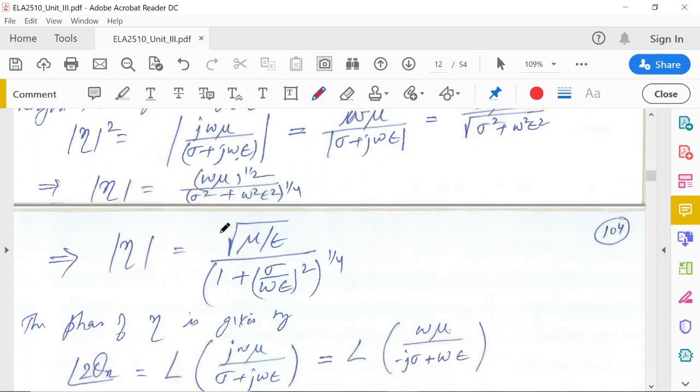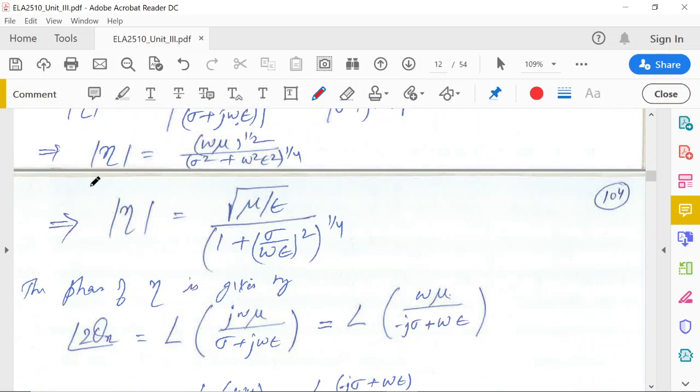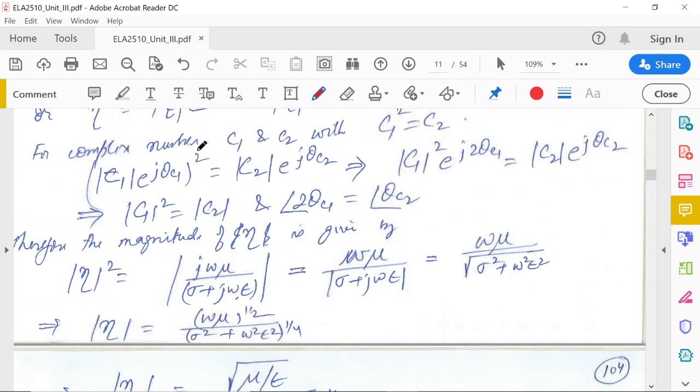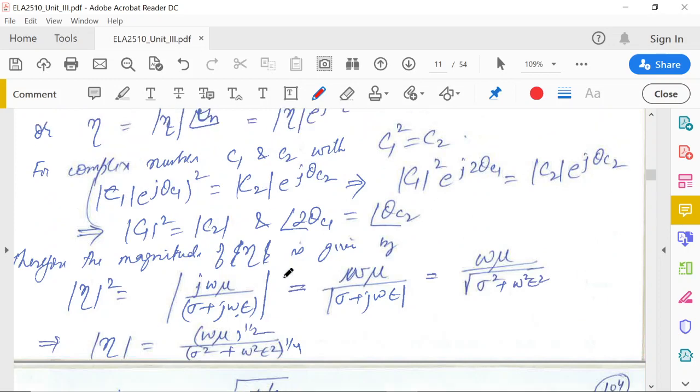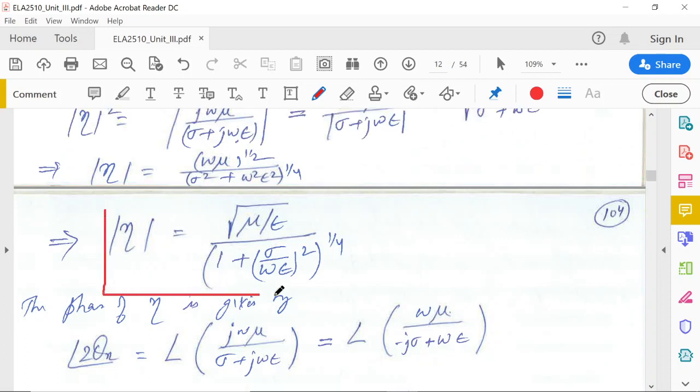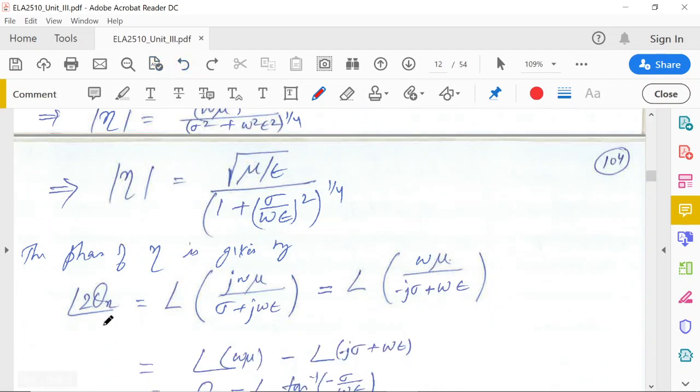So what you are getting is the magnitude here. You can solve it, go through the steps, here or another way, but you just have to find the magnitude. So the magnitude of eta is this quantity. This one is the magnitude, and this is the phase.